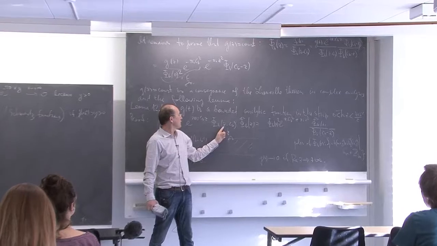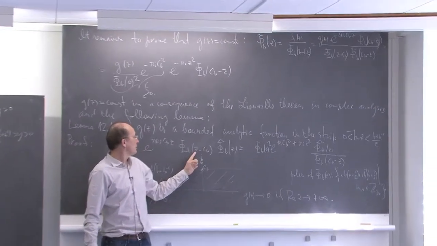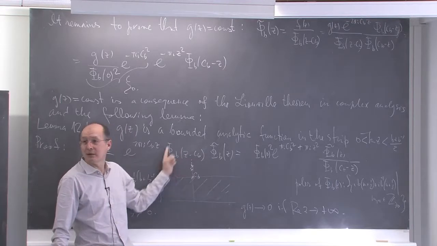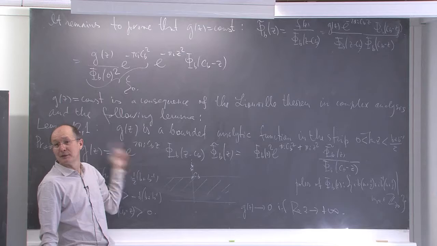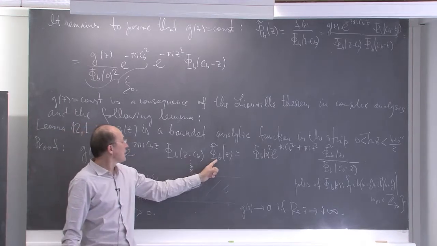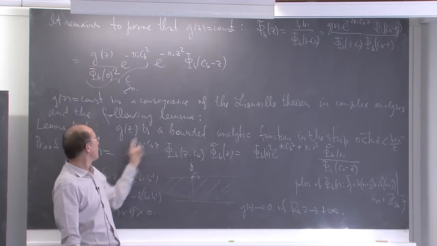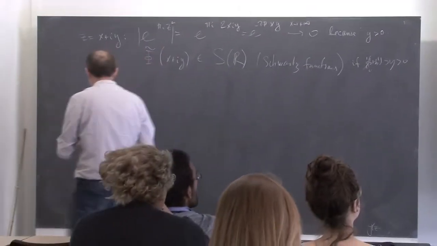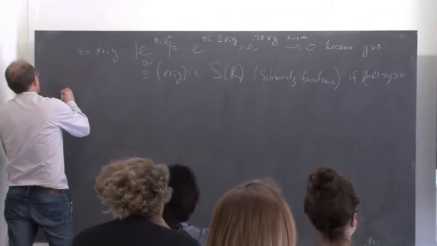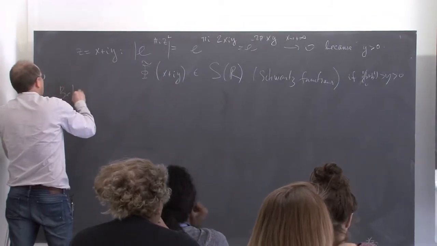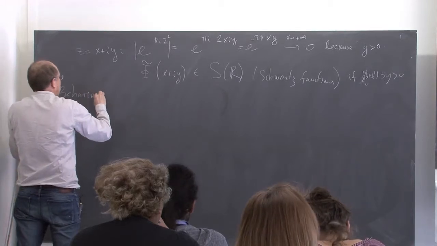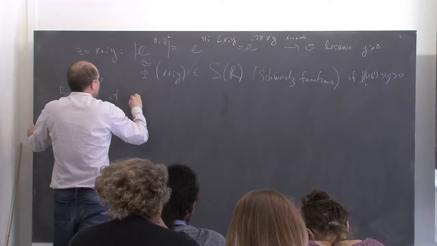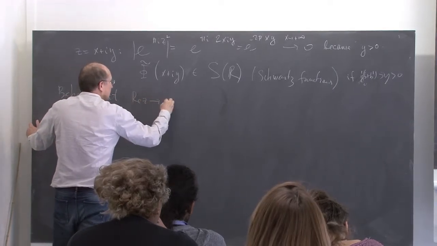When the real part of z goes to minus infinity, this is bounded, that's okay, but this grows. And so the decay property of this phi tilde should remove this growing factor. And that's what we are going to see now: the behavior when the real part of z goes to minus infinity.